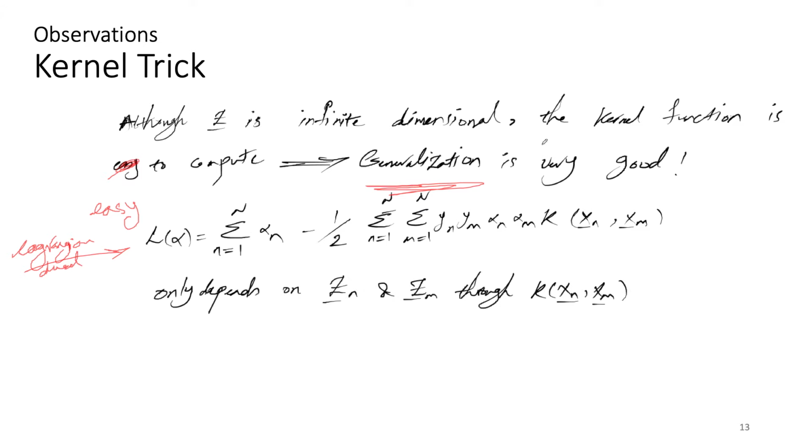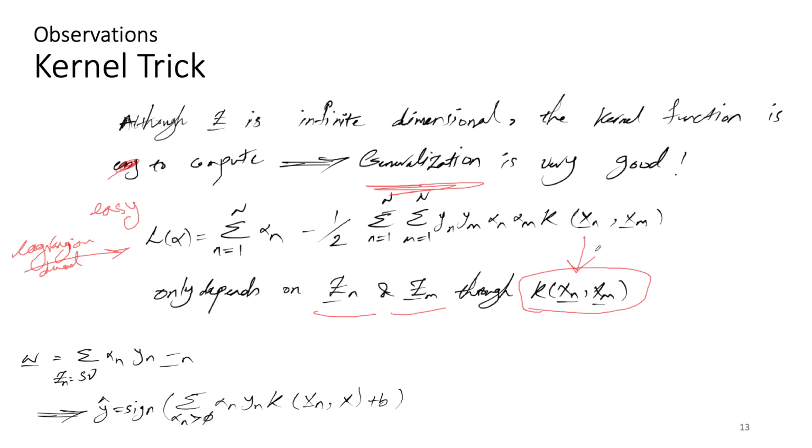And then this only depends on Zn and Zm through K(xn, xm). And that's the actual trick. So instead of computing Zn and Zm, we compute it through K(xn, xm) here. So that was the whole purpose.